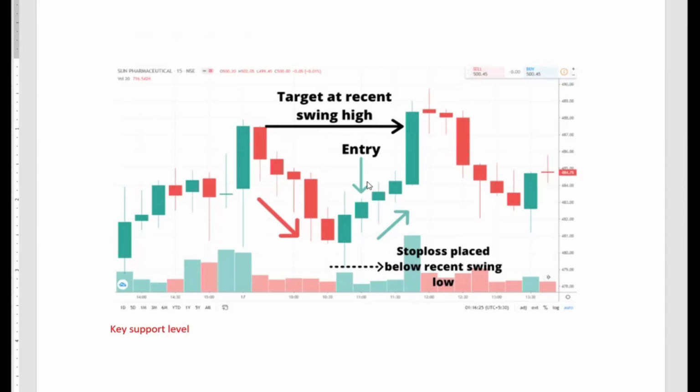It's better for you to set the take profit target at the recent swing high, because the swing high acts like resistance. And if the price breaks that resistance, that is a story for the future.